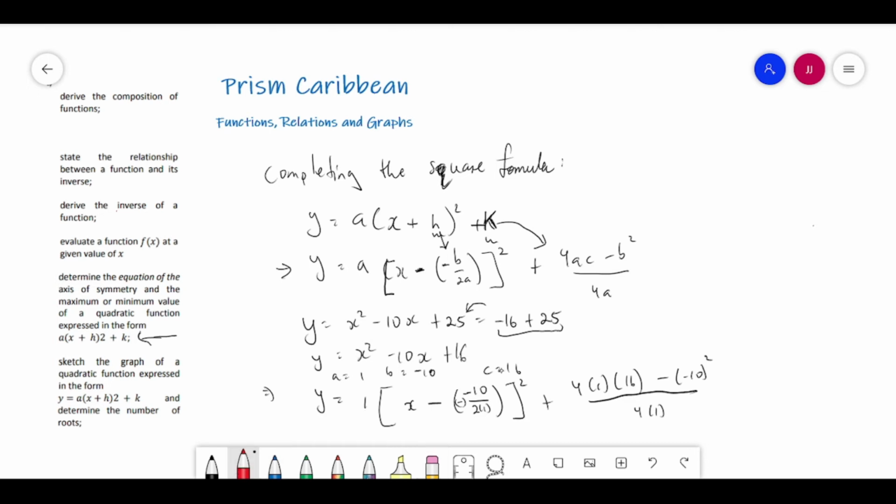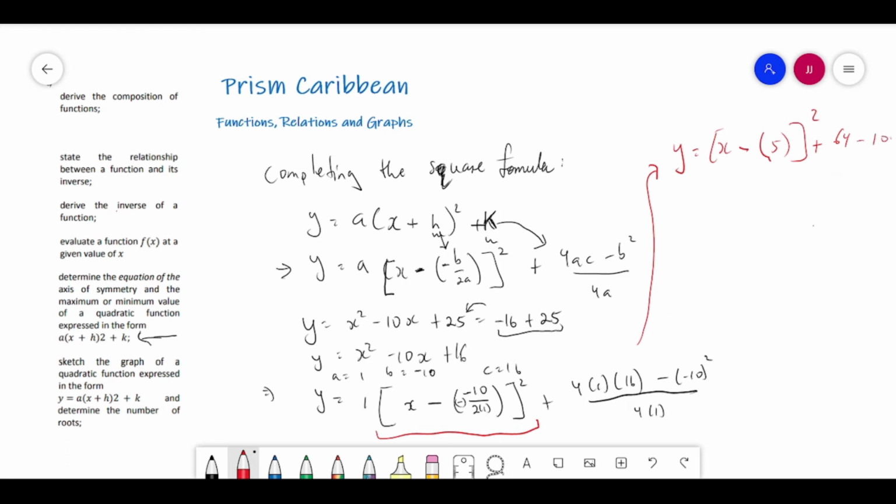So now let's carry it to the top. Now when we simplify this, we have simple 1, which we can leave out, of course. And when we deal with this brackets here, we'll have x minus, and well, we have a negative, which will make it a positive, 10 divided by 2, which is 5, right? And we have all squared for this. And when we multiply this out and simplify it, it will be 4 multiplied by 16, which is 64, right?